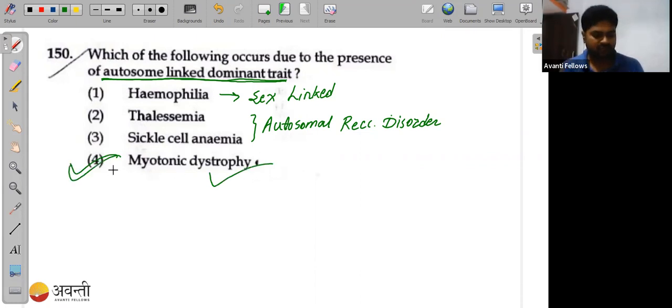Okay, so this is all about the botany section. In next lecture we are going to discuss the zoology section. Okay, so my opinion about this paper, actually this paper does not have a lot of direct questions.